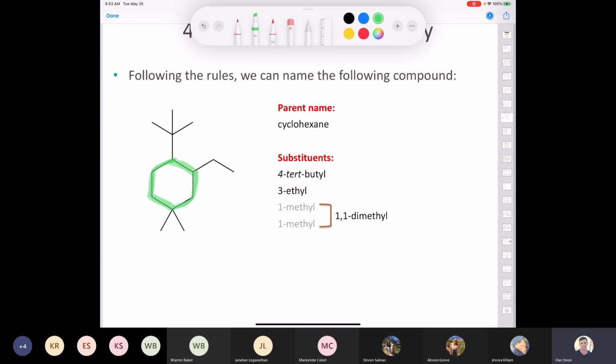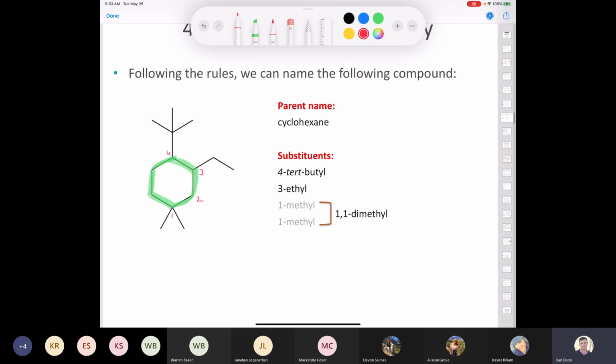Now, where are we going to start numbering this compound? Well, we're going to start down here, because if this is carbon 1, 2, 3, and 4, we have substituents at 1, 1, 3, and 4. I'm going to erase those numbers, and you don't have to do that. But let's say you did it incorrectly.